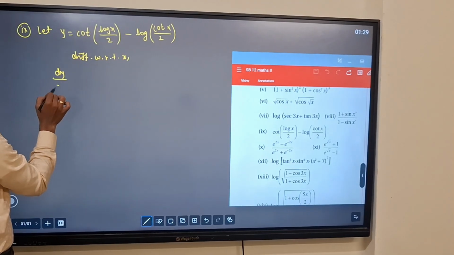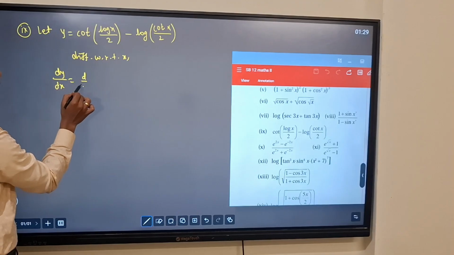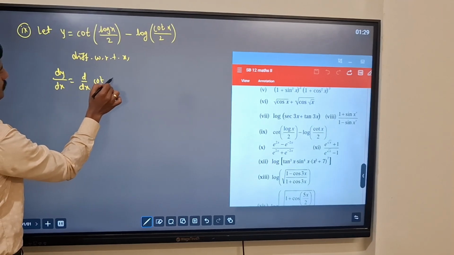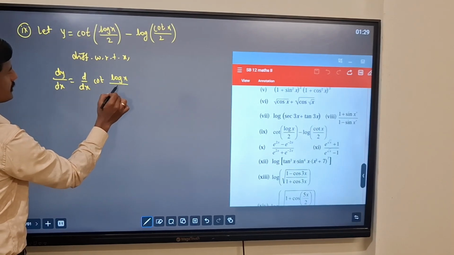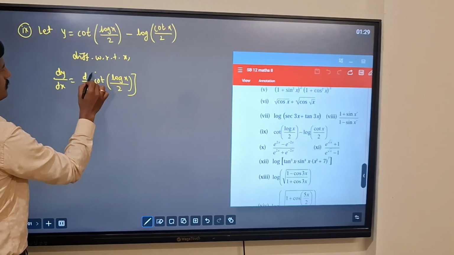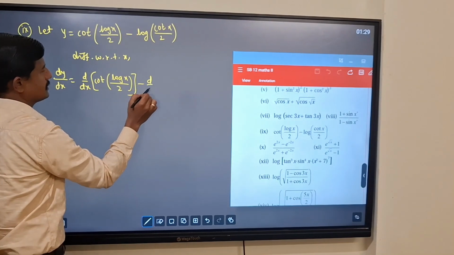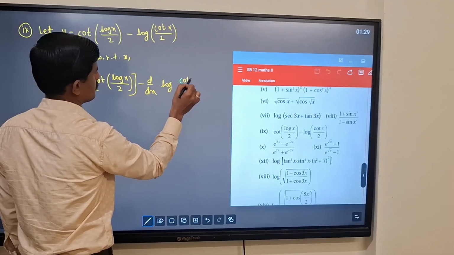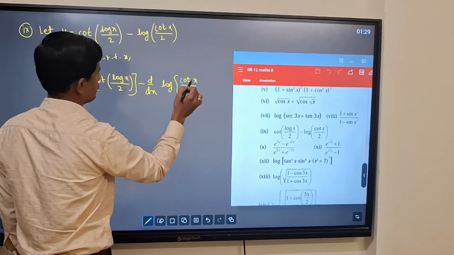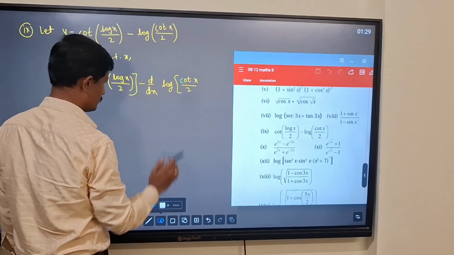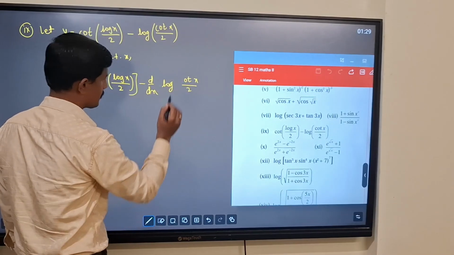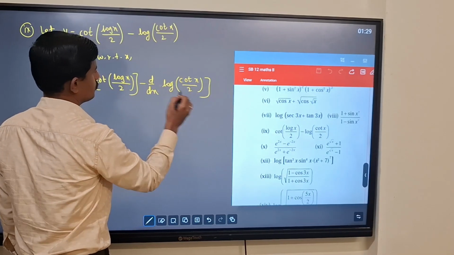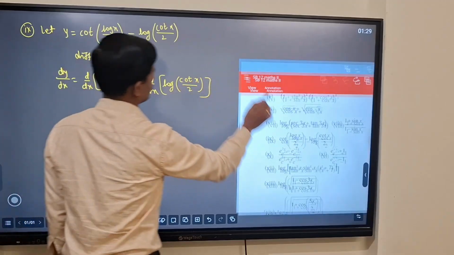This becomes dy by dx is equal to d/dx of cot of log x by 2 minus d/dx of log of cot x by 2. Okay, here we used a rule.